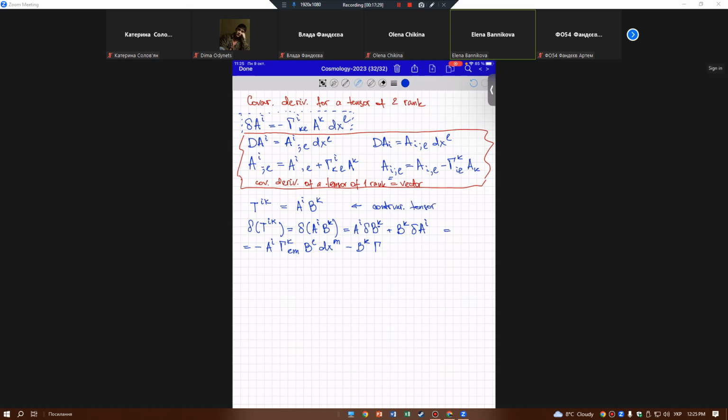Of course, we can do the same for a covariant tensor, we just need to put B with the lower index. So B_k gamma takes index i, lm, A^l dx^m.